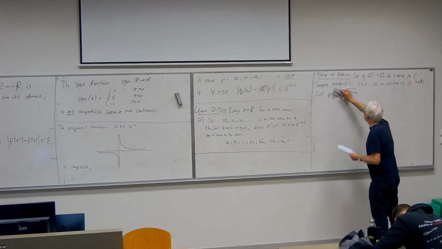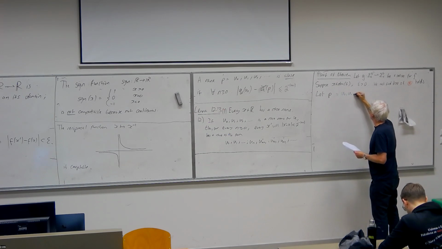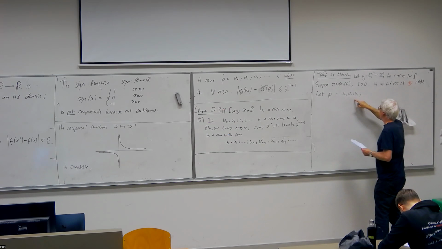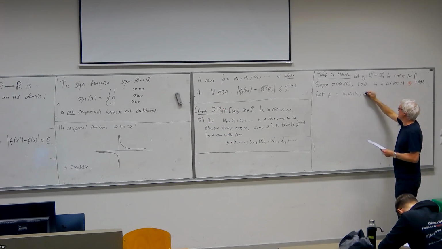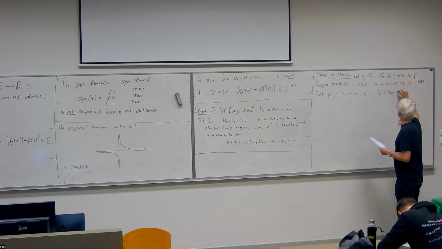And we'll again have this P in the canonical form of U0, U1, U2, and so on. So these are all finite words representing dyadic rationals. Close name for x.